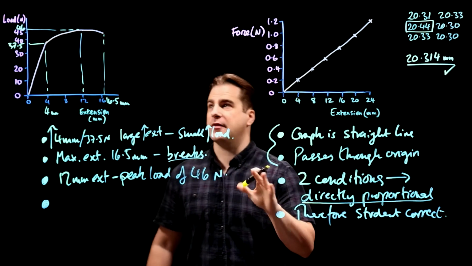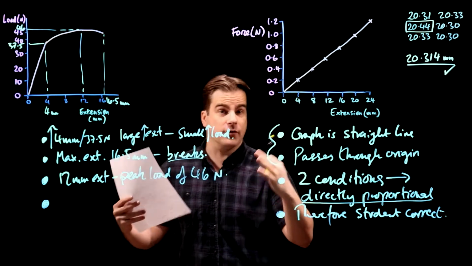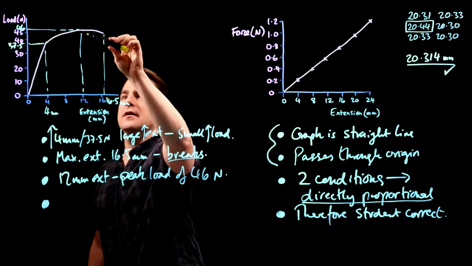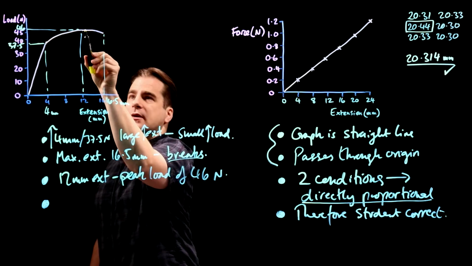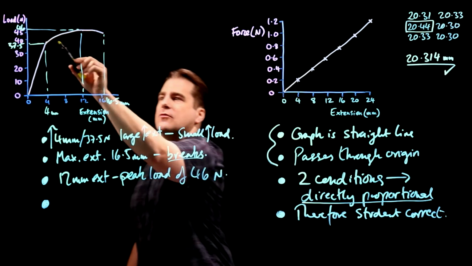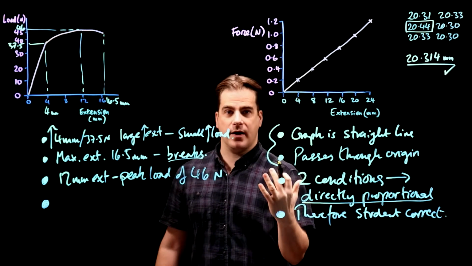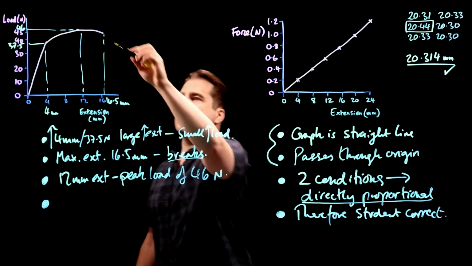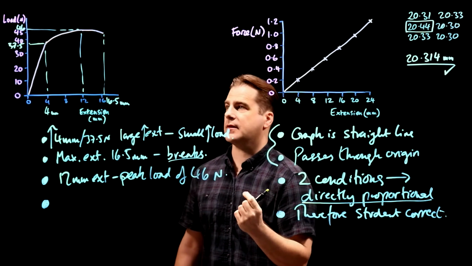You've got to say something about the fact that it goes up and then down again. The reason it does that is because when you've hit that peak value, you can reduce the load a little bit. And because you're already in this non-linear region, it's the way wires behave when they're being stretched. It will still keep extending even though you've reduced the load.